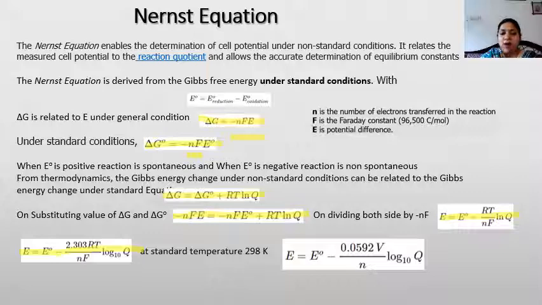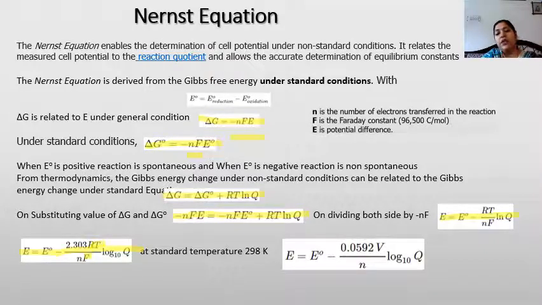Here R is the gas constant, T is temperature, n is the number of electrons, and F is the Faraday constant. So R, T and F are always fixed for any type of reaction. So we can put the values of these three, that means the gas constant, the Faraday constant and the standard temperature value 298 Kelvin.